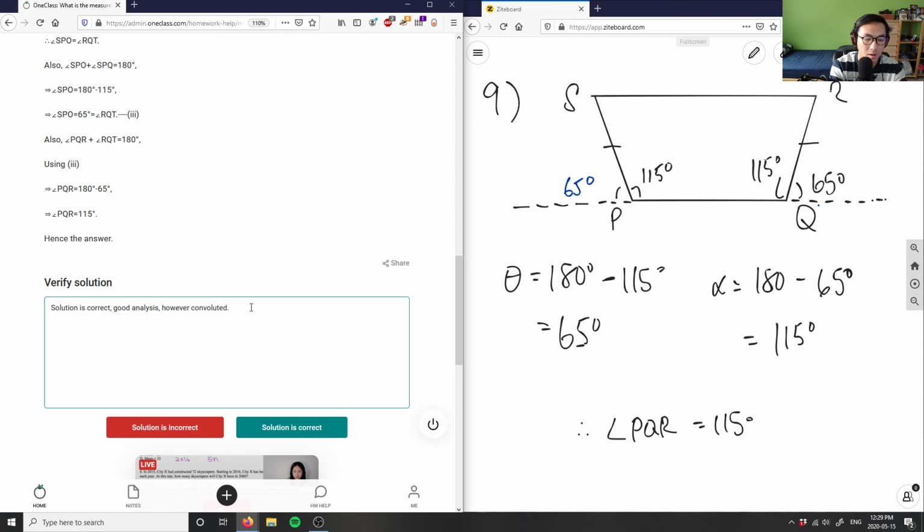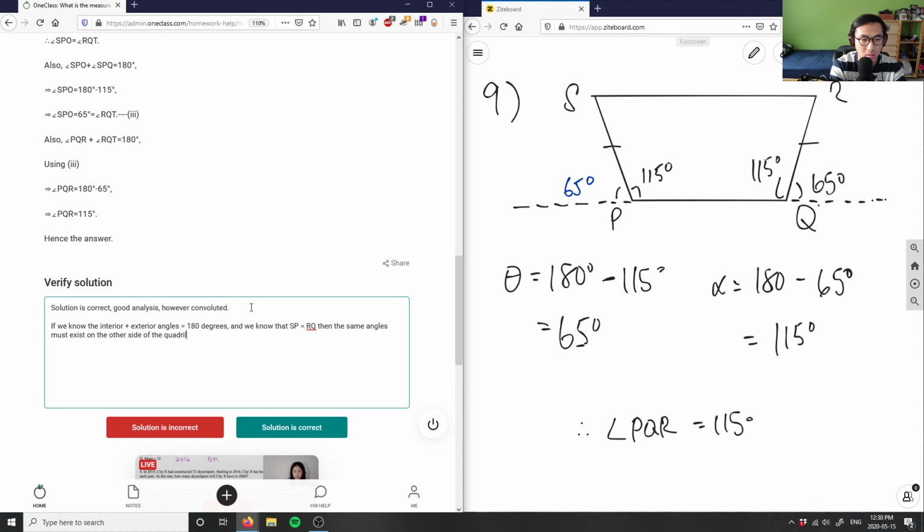Convoluted. If we know the sum of the interior angles, or if we know that the interior plus exterior angles equals 180 degrees, and we know that SP equals RQ, then the same angles must exist on the other side of the quadrilateral.